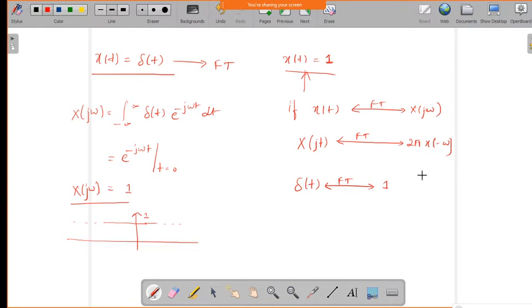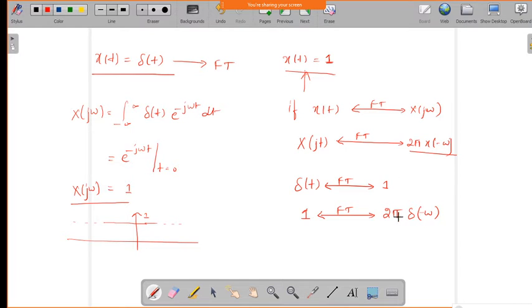By using the duality property you exchange t and omega, so for the Fourier transform you will get 2 pi into del of minus omega, which is the same result.